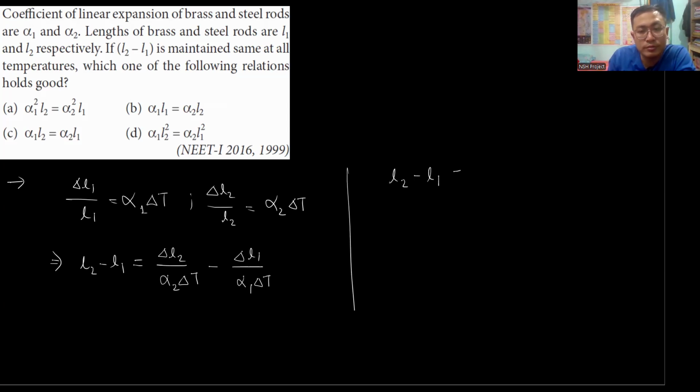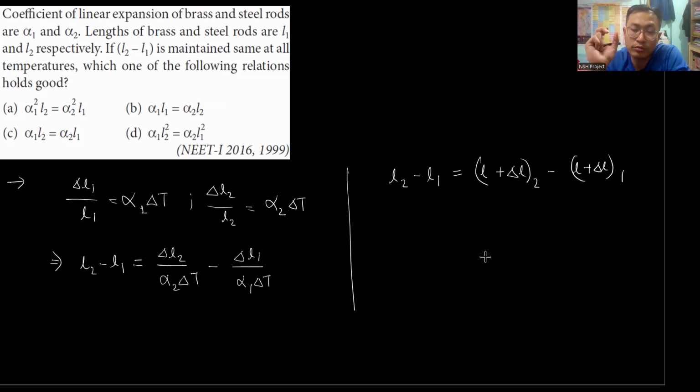L2 minus L1 has... L2 plus delta L... is maintained same at all temperatures, this 2 minus L plus delta L1.